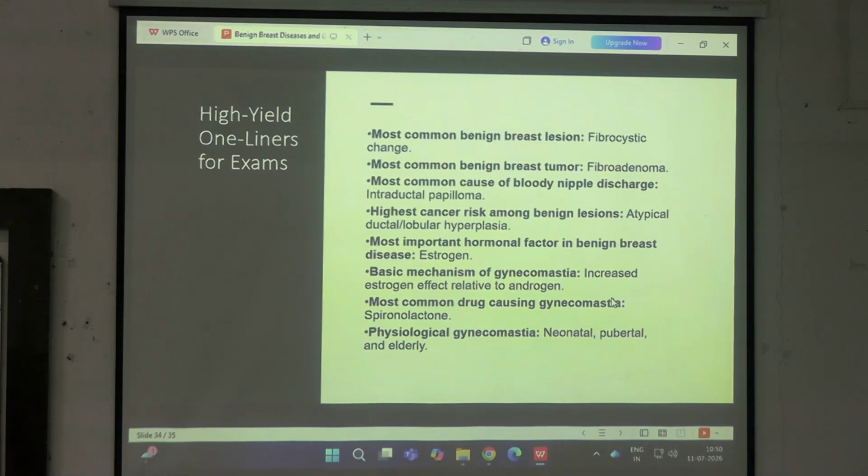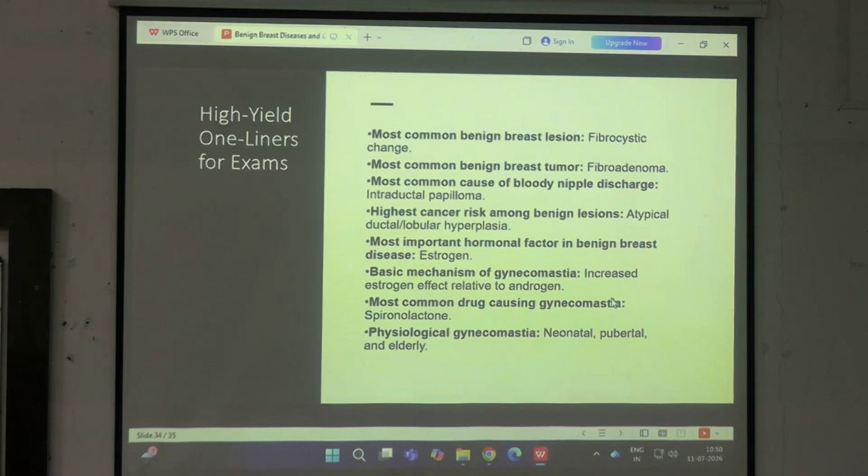So these are the important points, which have been discussed multiple times. First is the most common lesion, which is fibrocystic disease. Most common breast tumor is fibroadenoma. The most common cause of bloody nipple discharge is intraductal papilloma. Highest risk of cancer among the benign lesions is atypical ductal or atypical lobular hyperplasia.